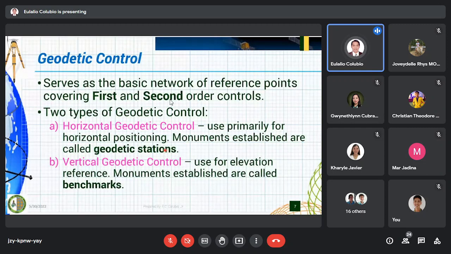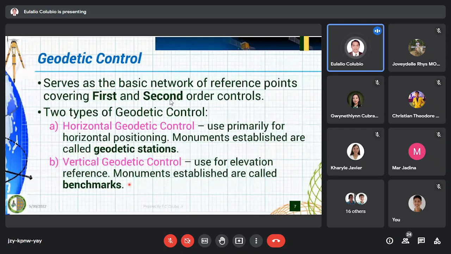And the vertical geodetic control monuments are called benchmarks. Okay? So benchmark is what we call it. One direction only for its data, the elevation. Okay? So if you conduct a survey that establishes this type of monuments for geodetic, the survey will be called a geodetic control survey.